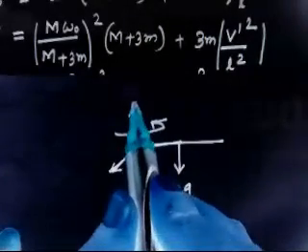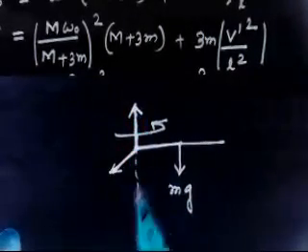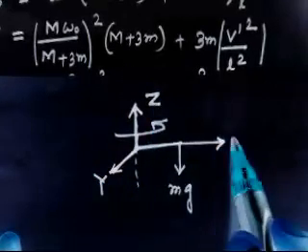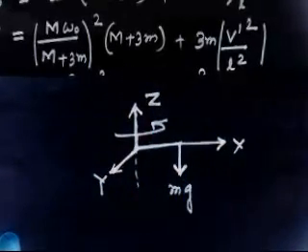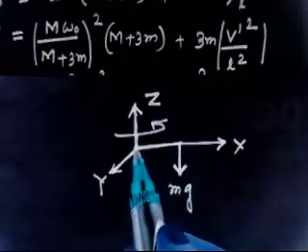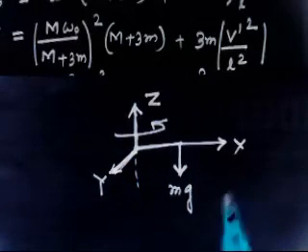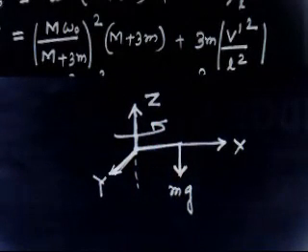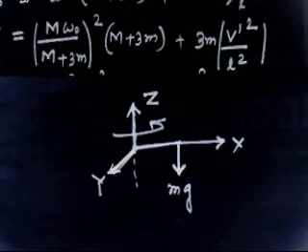And my direction is this. I am conserving angular momentum in this direction. So this is my, let us say, z axis, this is y axis, this is x axis. So even though there is a mg that is acting, mg will create a torque in the y direction, not in the z direction. So in the z direction, angular momentum will remain conserved because there is no torque that is acting.